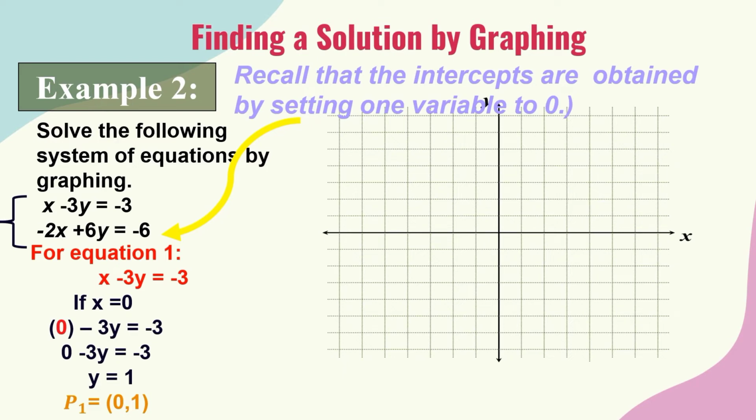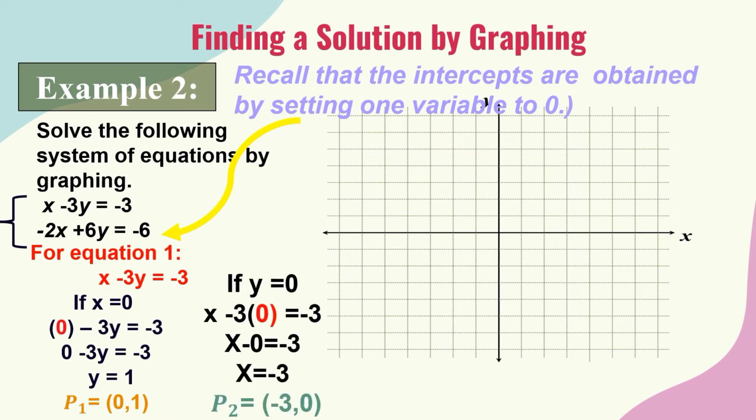If x is 0, 0 minus 3y equals negative 3. Dividing both sides by negative 3, which is the numerical coefficient of y, the first point is (0, 1).